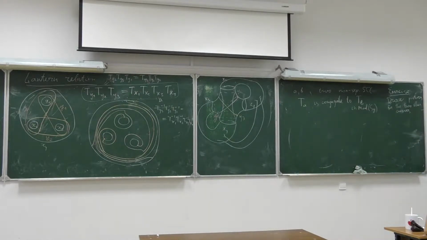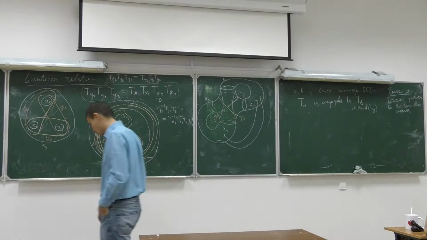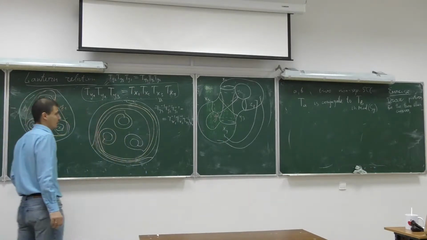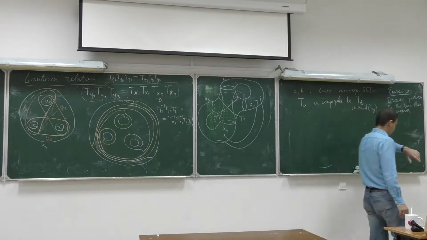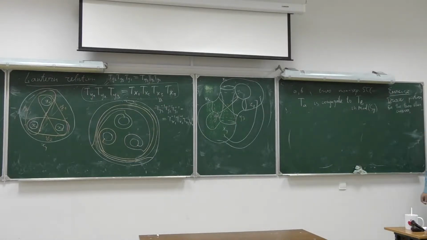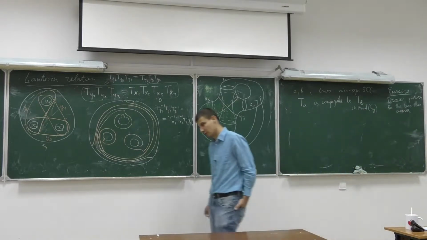So when we prove that the mapping class group is generated by twists about simple closed curves, we immediately obtain that the center is trivial. Actually, for genus 2 and for genus 1, the centers are not trivial, and we'll see it later.